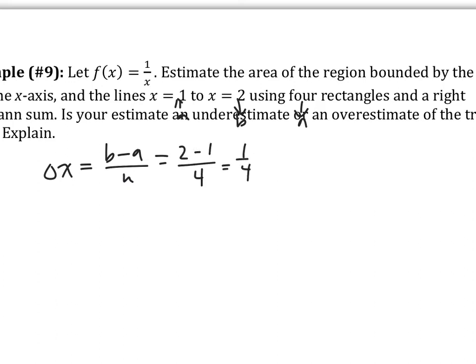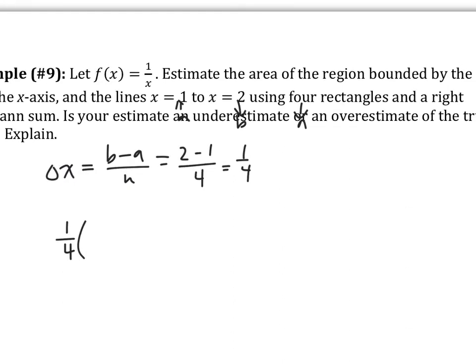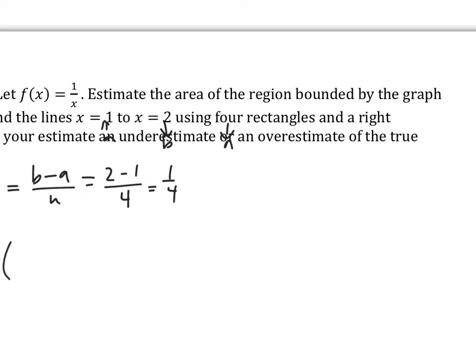This is using the right hand or the right Riemann sum. So we're going to take the width times figuring out the right hand side. If you're really not that good at figuring out the right hand side, what you can do is just write out all the intervals. The next one is 1/4 bigger, and then 1/4 bigger, and then 1/4 bigger, and then the last one is that one.